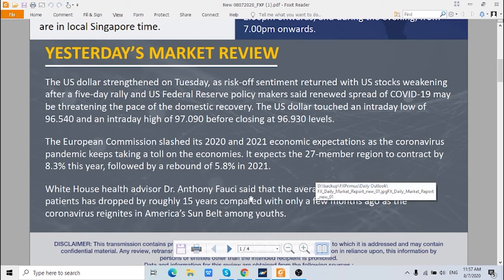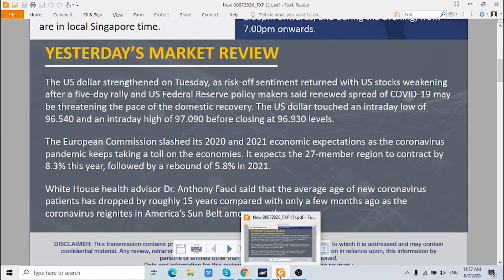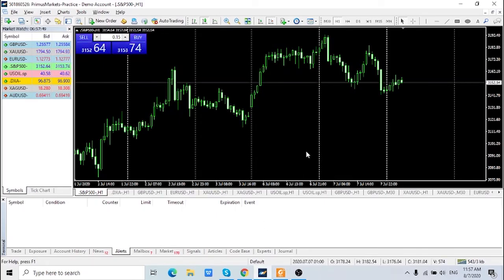And of course, the second major factor would be the situation with China after imposing the Hong Kong security laws. Especially countries like the US are looking to impose certain sanctions to sort of punish China for imposing those national security laws.